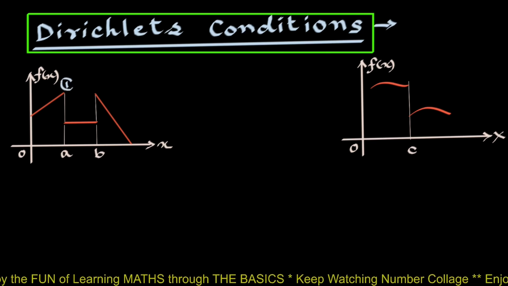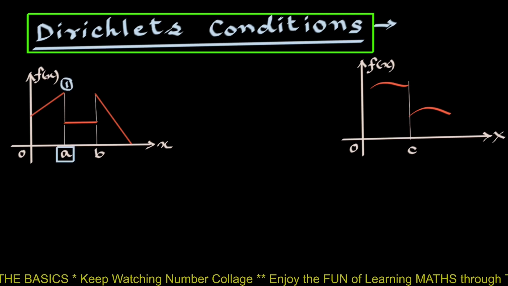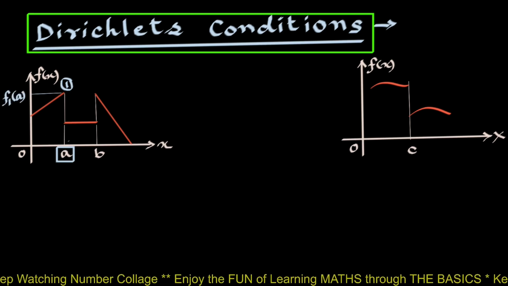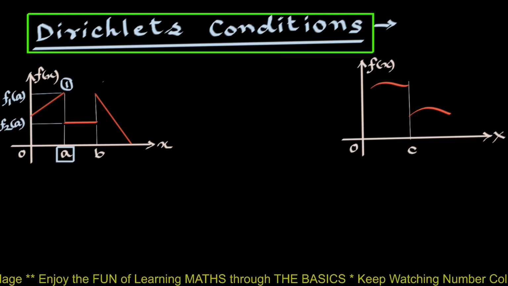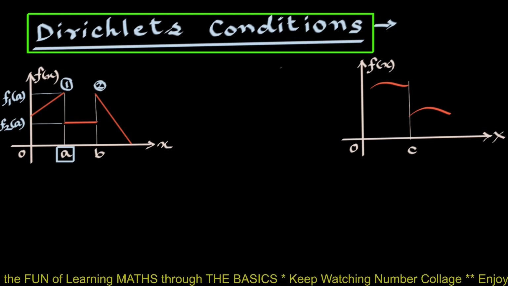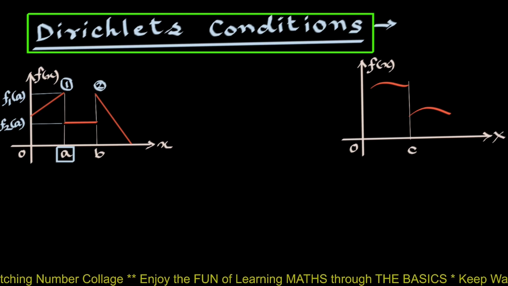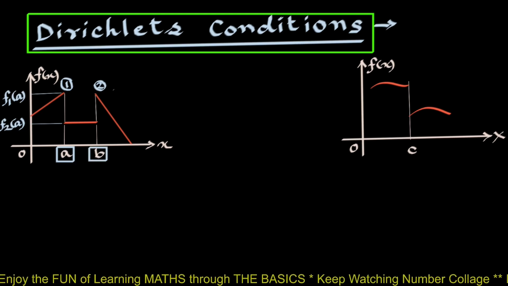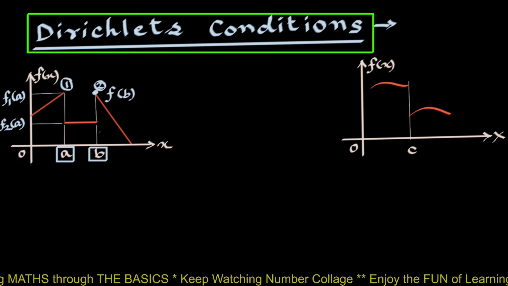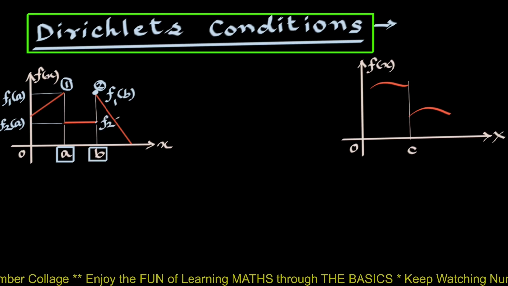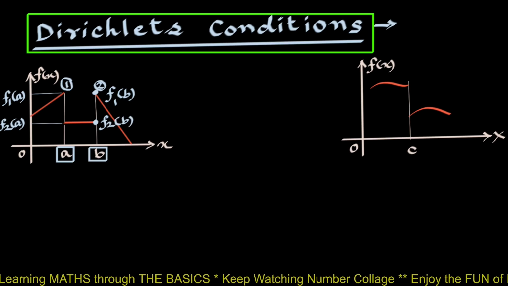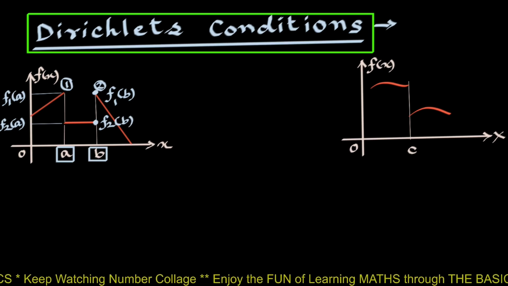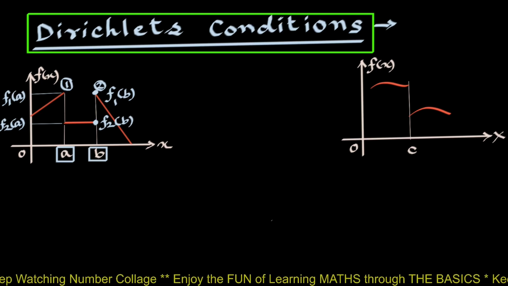The first is here, because at x equals a, there are two values of f(x): first f1(a) and second f2(a). The same is true for the second discontinuity at x equals b, because the value of f(x) breaks at x equals b from f(b) here to f1(b) and f2(b) here. So since there are a finite number of discontinuities of this function, its expansion can be expressed as a Fourier series.